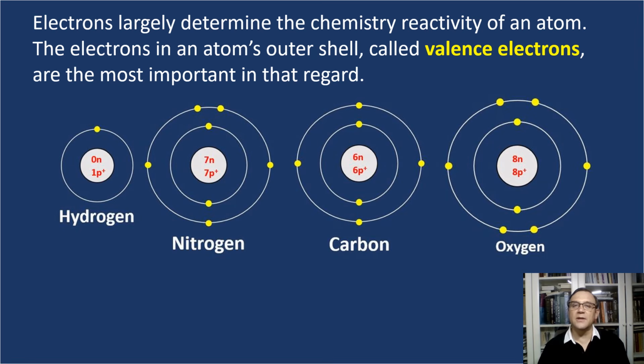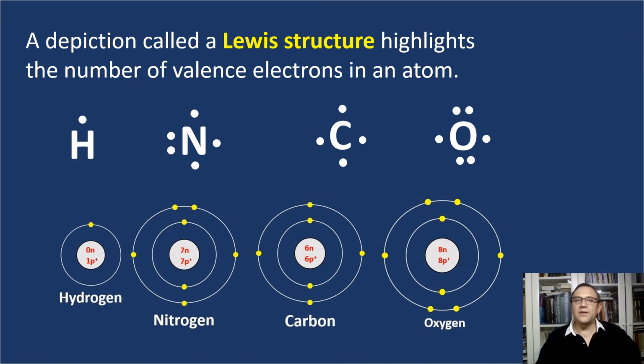The electrons in the outer shell, called valence electrons, play the most critical role in chemical bonding. We often represent these valence electrons using a Lewis structure, which shows how many electrons are available for bonding. By looking at the Lewis structure, you can easily identify the number of paired and unpaired electrons in an atom.